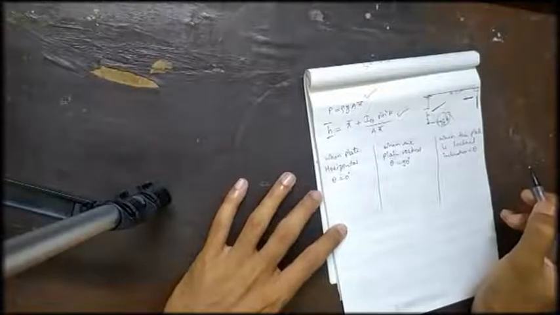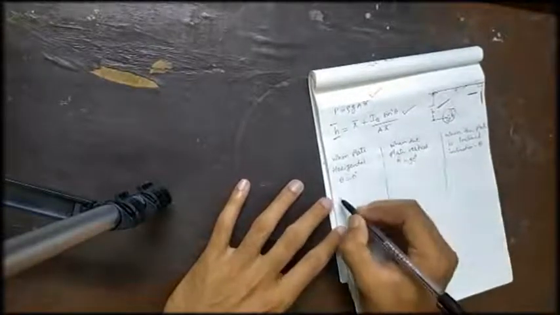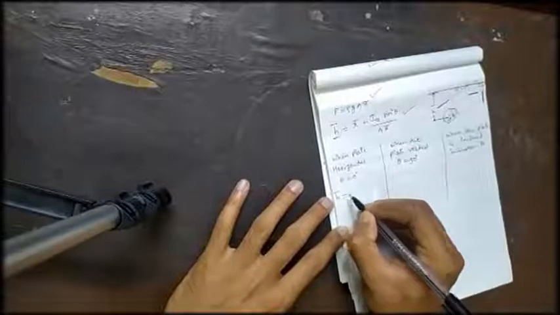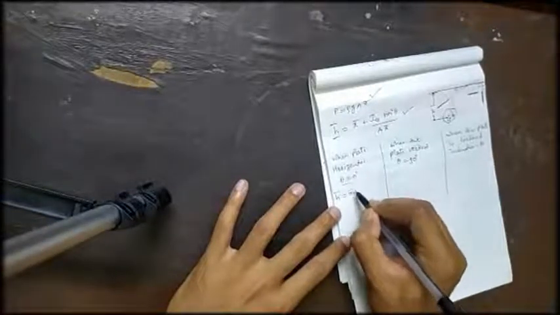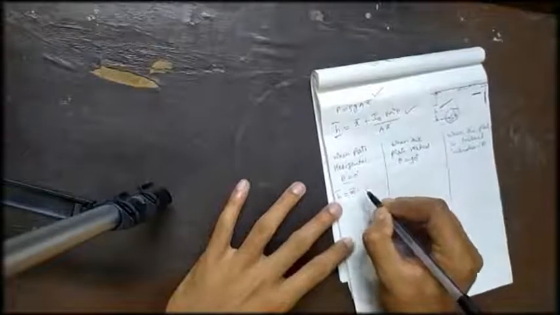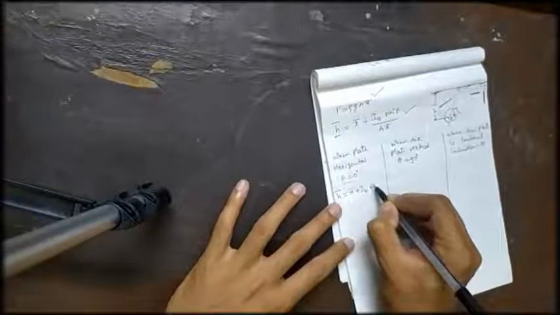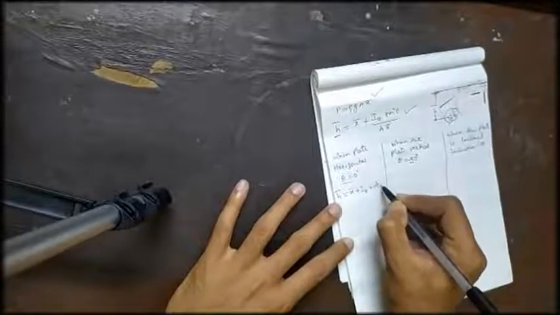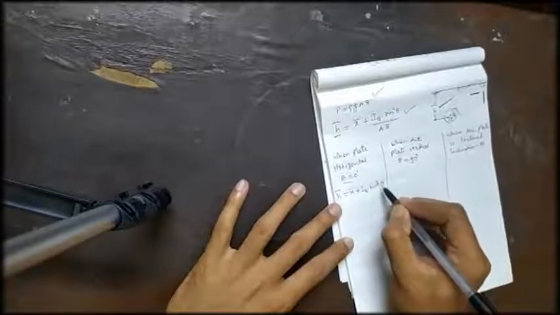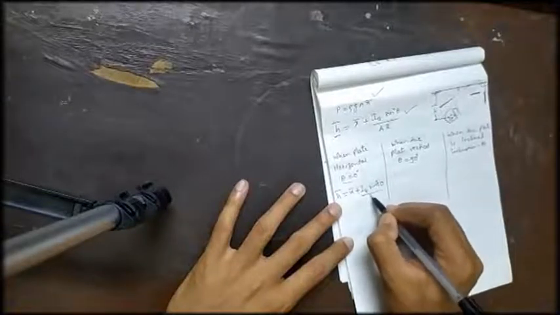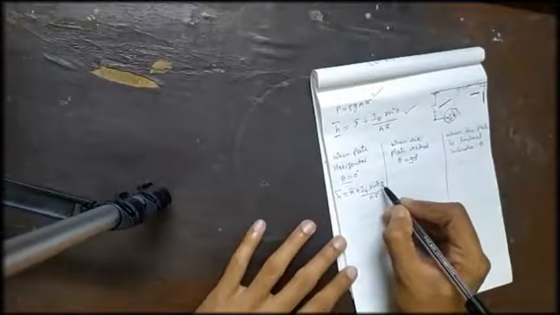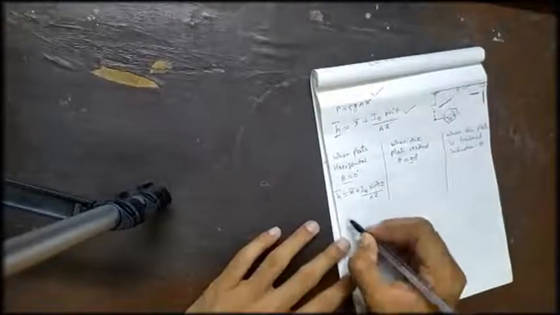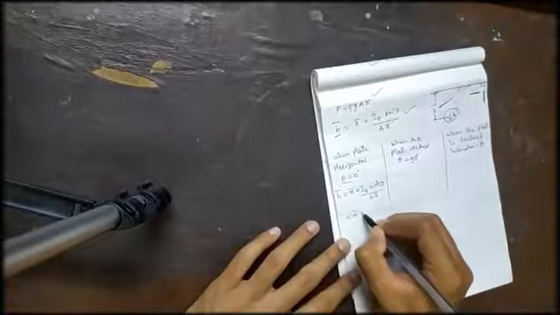So h bar changes for theta. What are the changes? We will find out. So x bar as it is plus Ig, now instead of sine square theta, I will write sine square of 0, divided by A x bar. Now sine 0 is 0, that's why sine square of 0 also becomes 0.